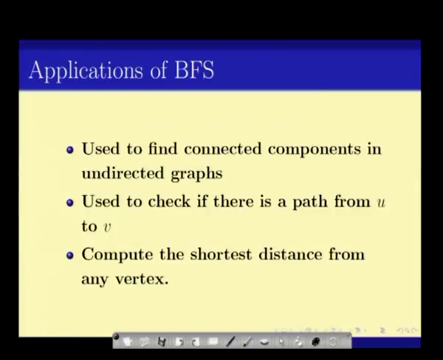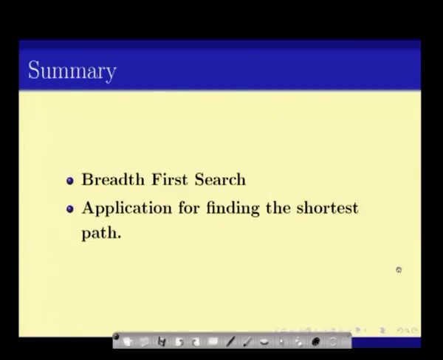This is something that DFS would not have been able to do, but breadth first search can do it. To summarize, we looked at the breadth first search algorithm, and then we looked at the application of breadth first search to finding the shortest path in a graph. So, this brings us to the end of this lecture. In the next lecture, we will be looking at more graph algorithms. Thank you.